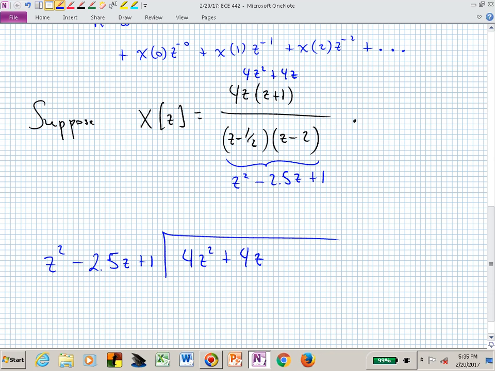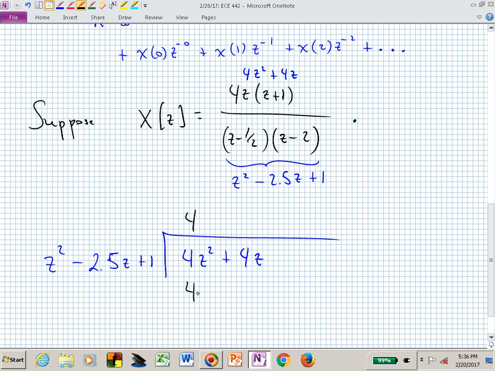How do I start? What do I need to multiply the denominator by in order to end up with 4z squared as the first term? Hopefully it's clear that I need to multiply it by 4.